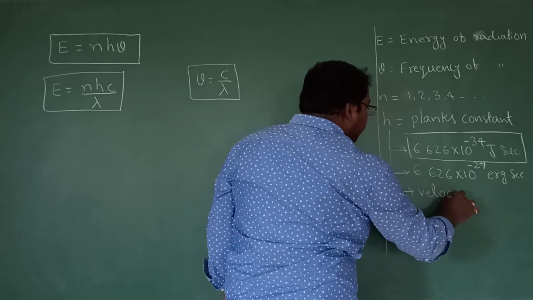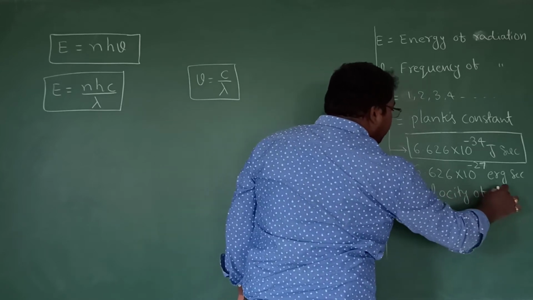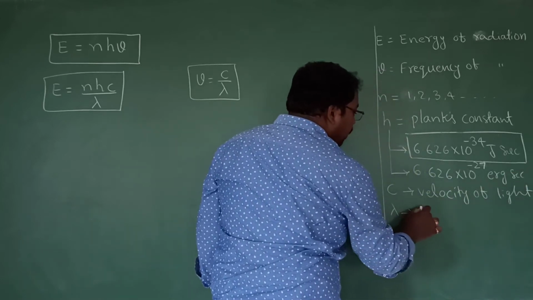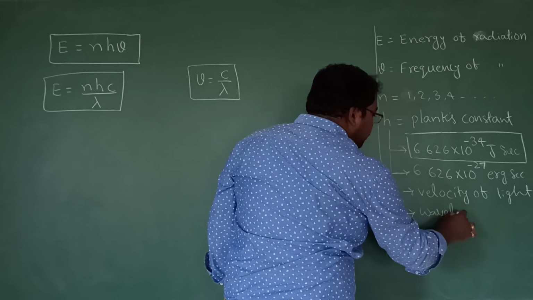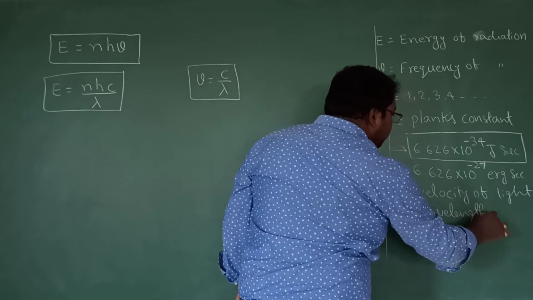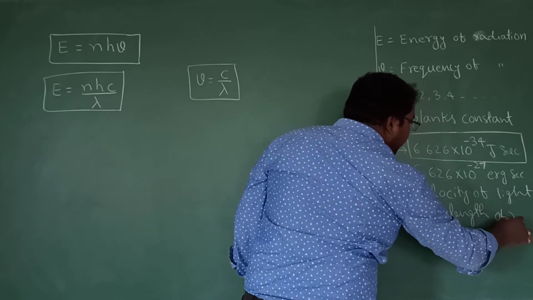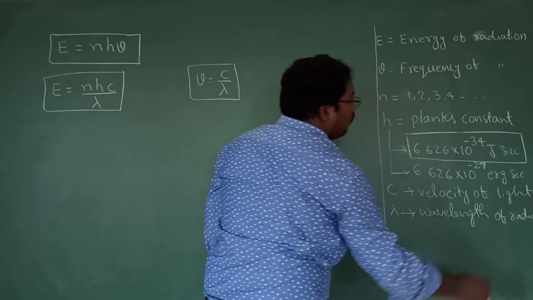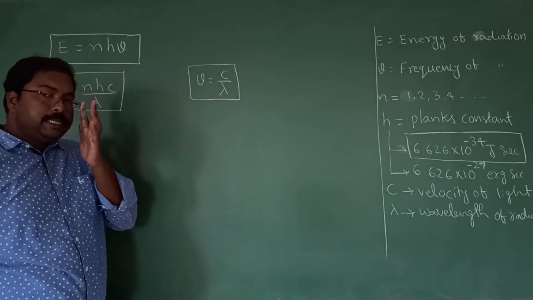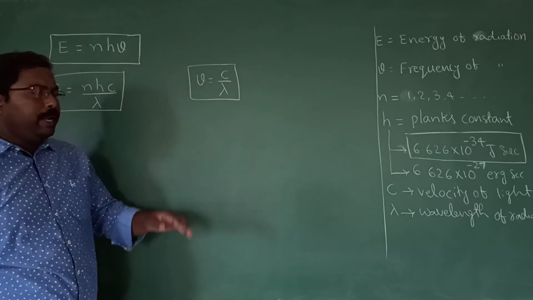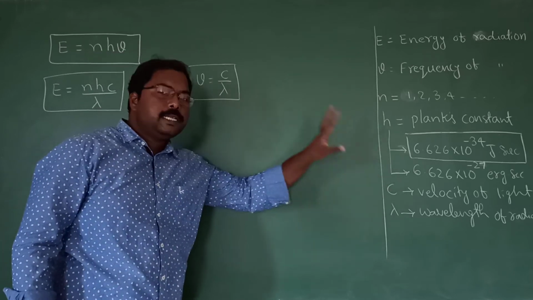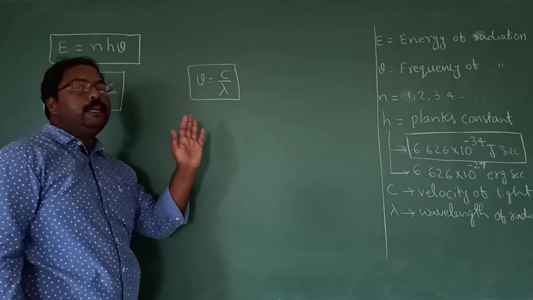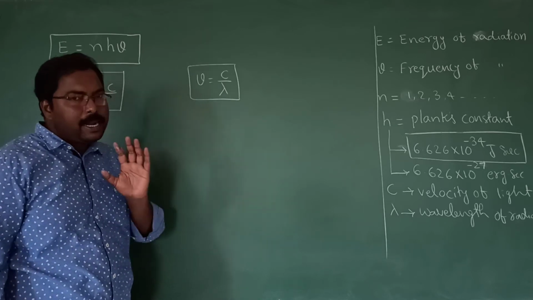C is nothing but velocity of light, where lambda is the wavelength of radiation. Okay? Lambda means wavelength, mu is frequency, c is velocity of light. How much is the value of velocity of light? It is 3 into 10 to the power 8 meters per second.